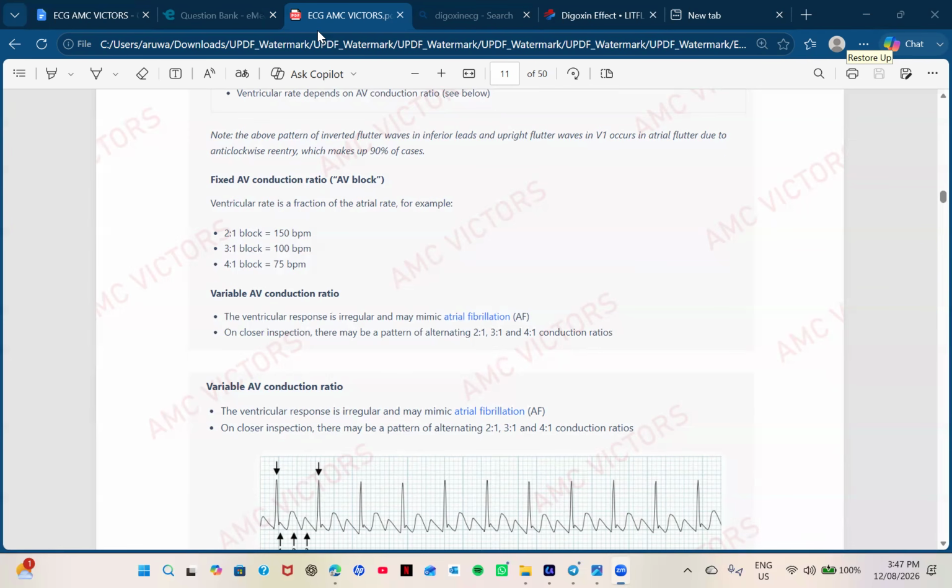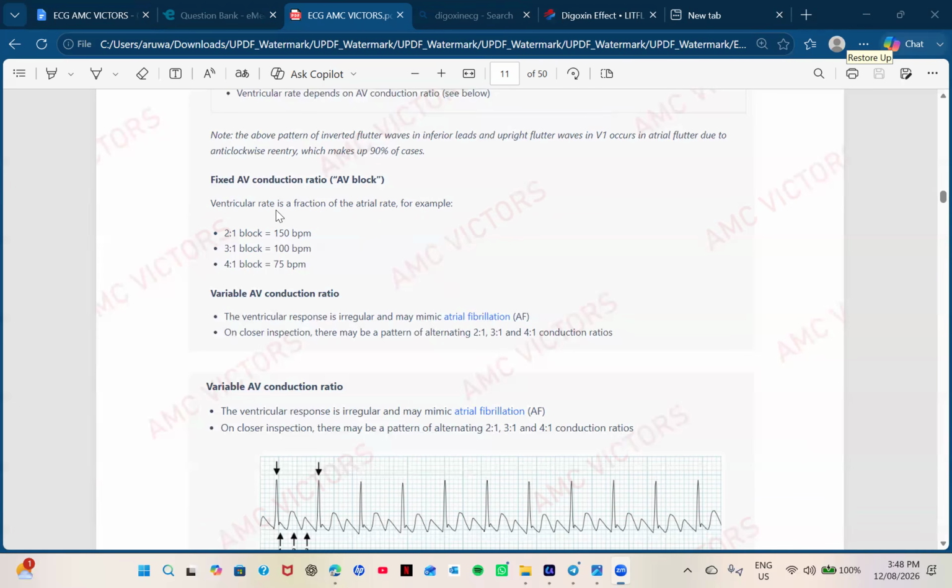P waves, right? Yes, it's P waves. So the AV conduction ratio means how many P waves occur for each ventricular response. The ventricular response you can see in the QRS, right? So they are checking how many P waves there are for each QRS. That is simply what I can tell as the AV conduction ratio.